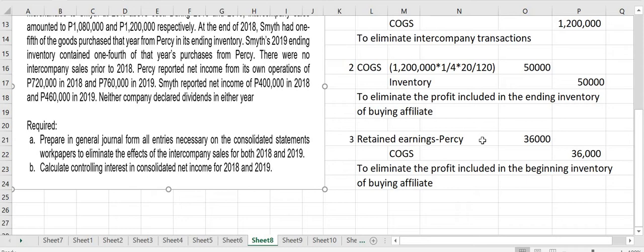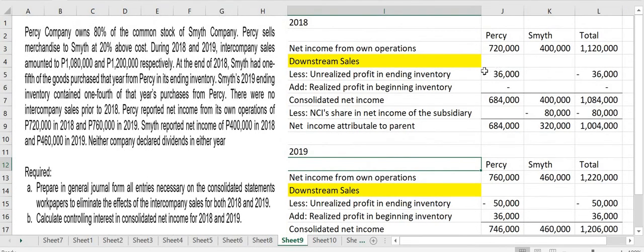Okay, so to compute for the consolidated net income attributable to parent, or yung controlling interest in the consolidated net income for 2018, we have here the formula. Since we have net income from own operations na of 720,000 for Percy and 400,000 for Smith, that's 1,120,000 in total.